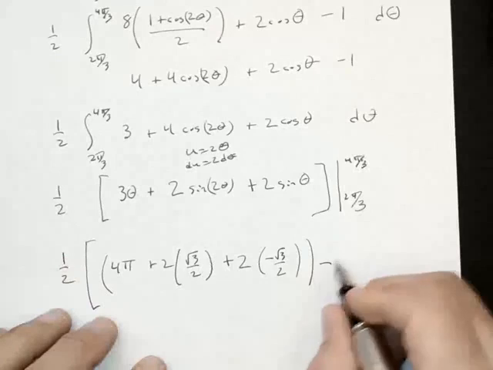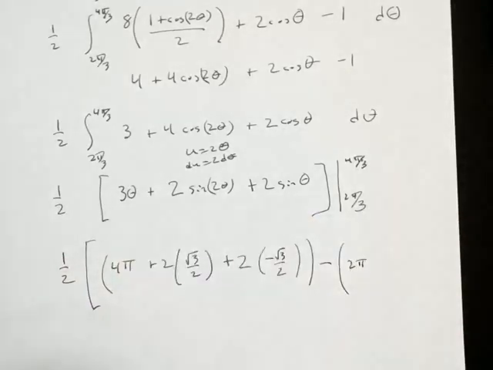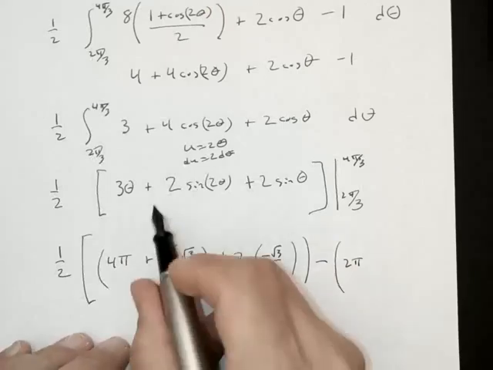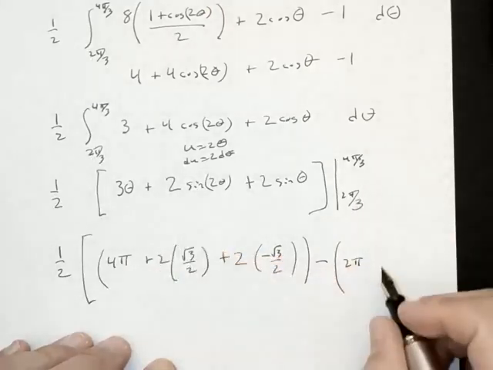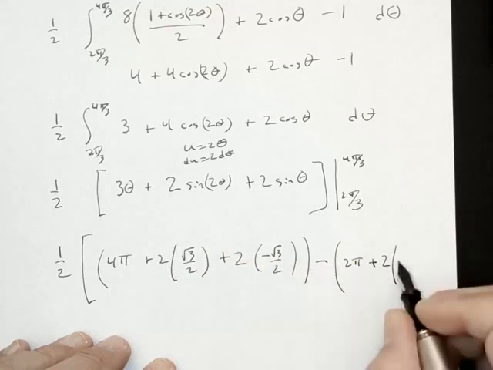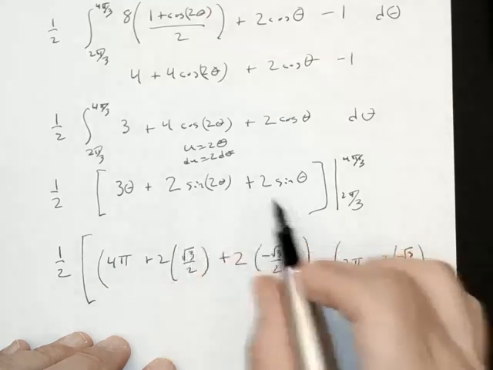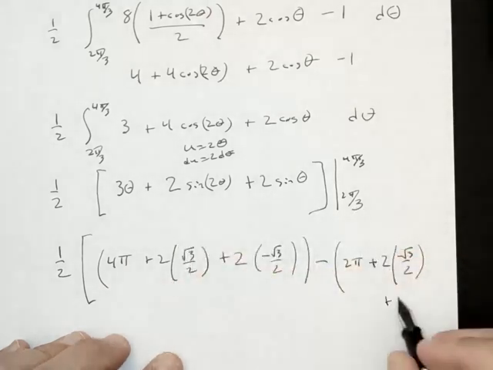Now I put in the 2 pi over 3. 2 pi over 3 times 3 is 2 pi. 2 sine of 4 pi over 3, we just did that. And then 2 sine of 2 pi over 3.